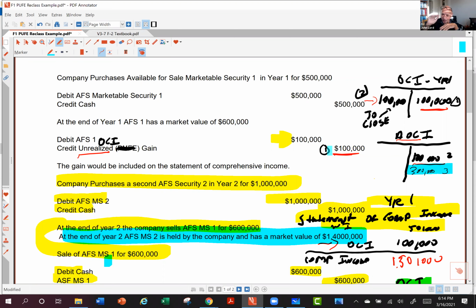Not the valuation allowance, but the amount that goes into the marketable security account, whatever it has to be. Sometimes they do call that a valuation allowance. It's whatever you need to bring it up to the amount that's needed for the difference between what the original cost of the security was and what it is by the end of the year. Question on that? Okay.